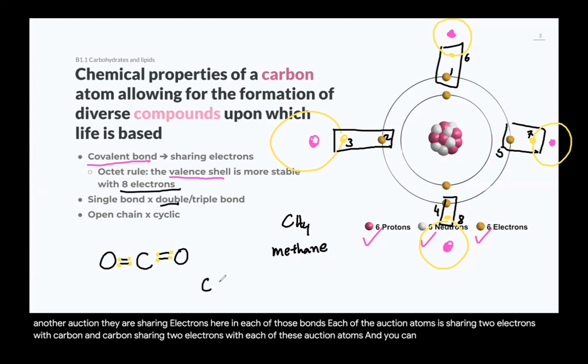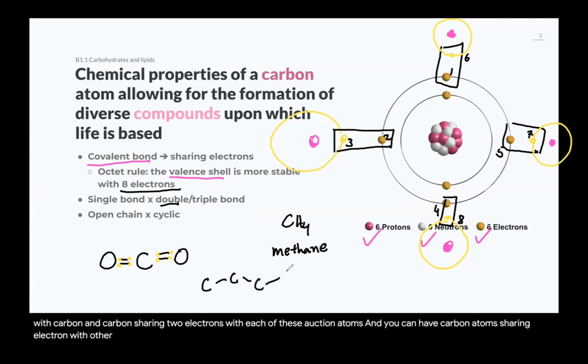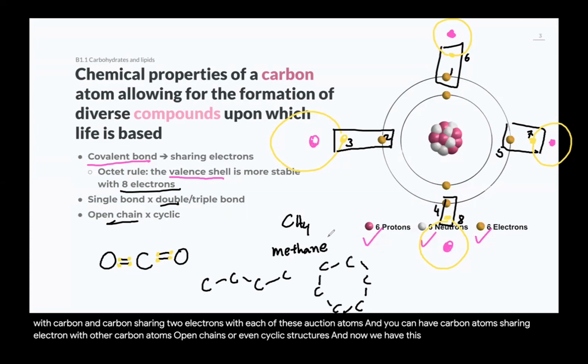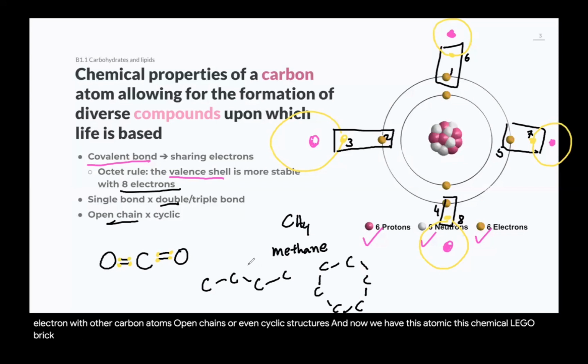And you can have carbon atoms sharing an electron with other carbon atoms. And then we have open chains or even cyclic structures. And now we have this chemical Lego brick that can create huge molecules and very diverse molecules depending on how we arrange things.